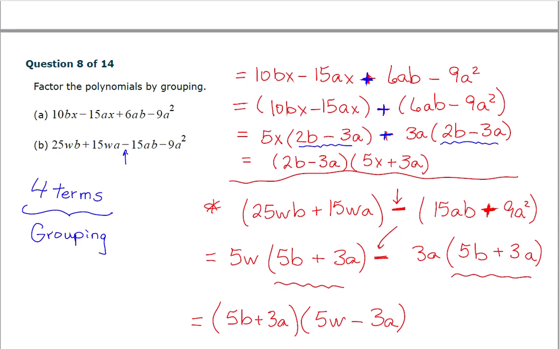What do you mean change the problem? Well, let's see. If I take this minus in, okay, that is a minus 15, and we did have that. But you see, I've got to change this second sign because minus 9a squared is what I've got.